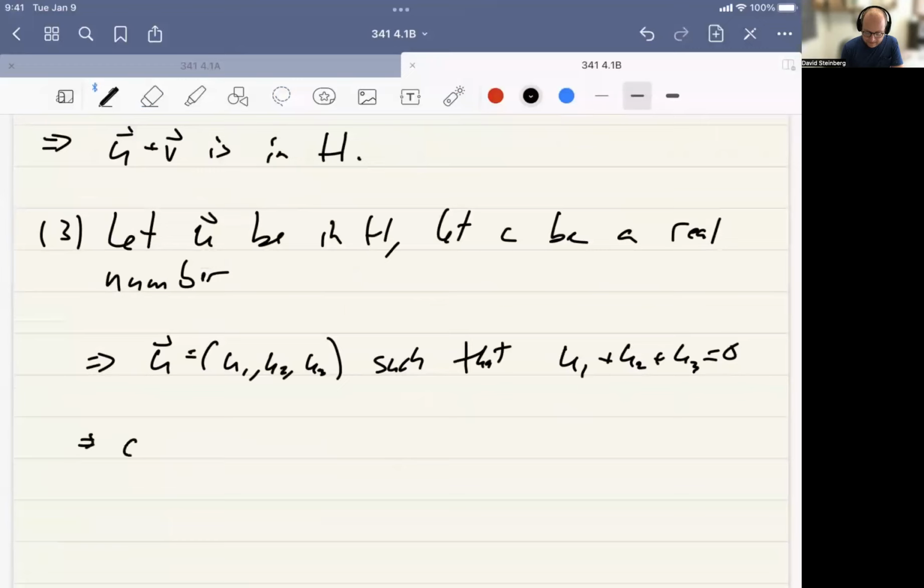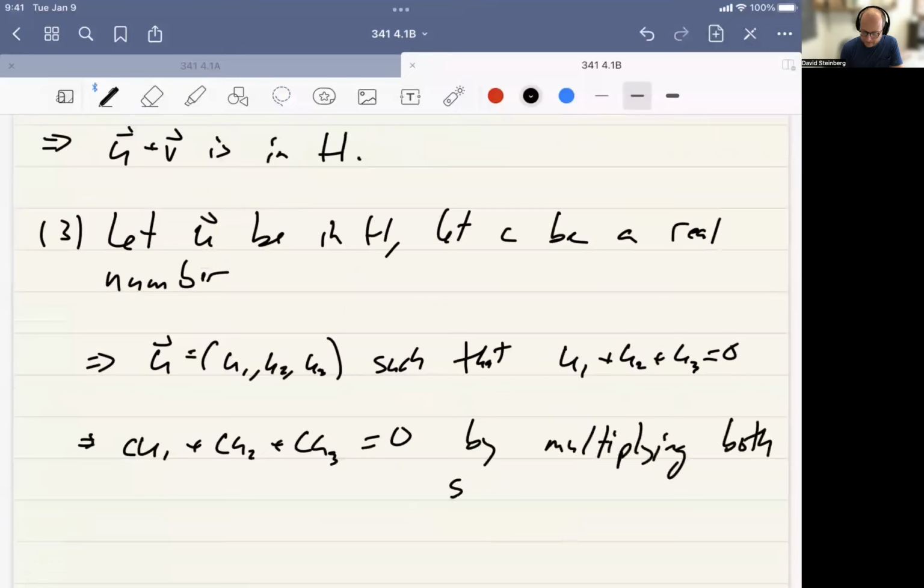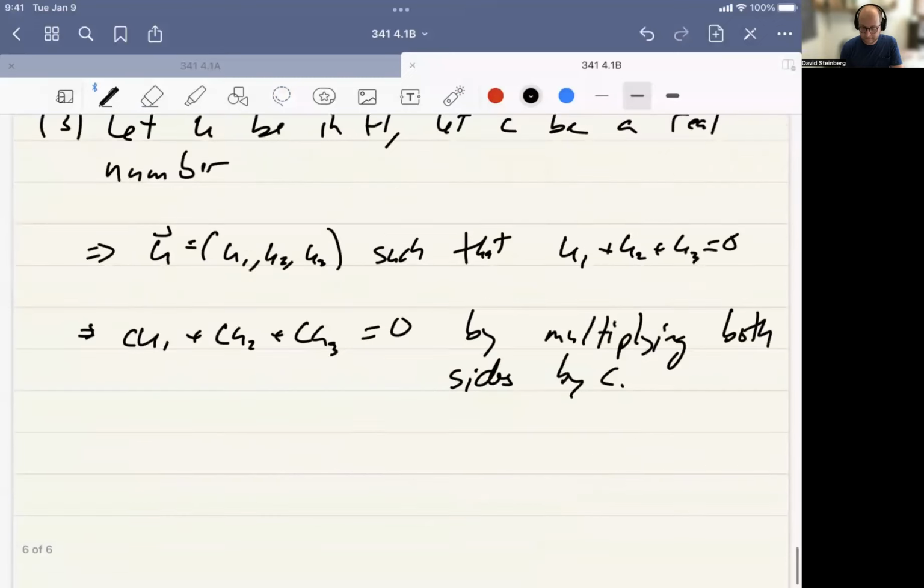But this means that cu1 plus cu2 plus cu3 is equal to 0, just by multiplying both sides of our equation by c. But this means that the vector cu1, cu2, cu3 satisfies our equation.